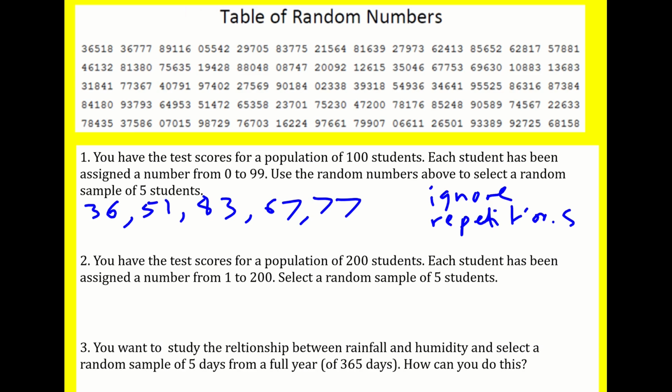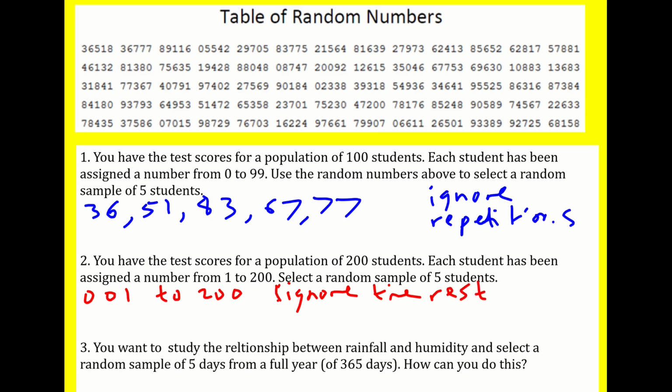Okay. What about if we had 200 students? Well, this is a bit trickier. The standard way of doing this is to now use 3-digit numbers. So I'm going to use 001 to 200, and I'm going to ignore the rest. I could do 000 to 199.